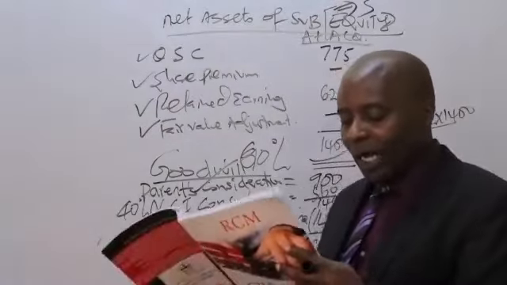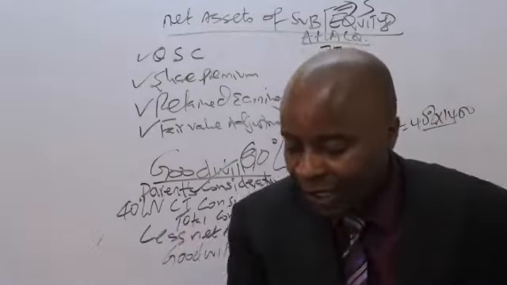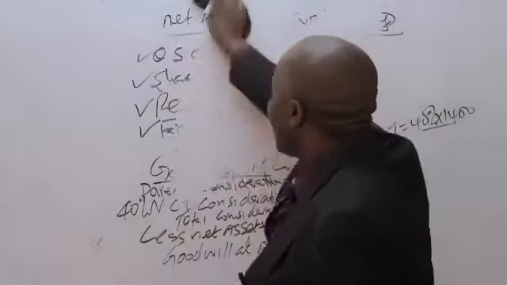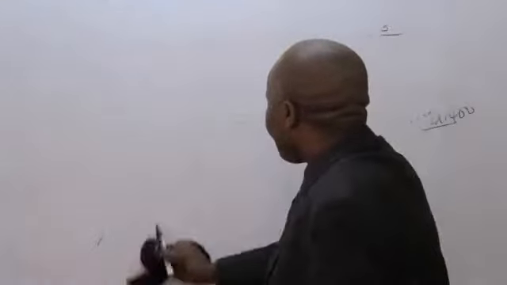After that, now I'll write a note there: gain or loss on disposal of the subsidiary S. Now, the very first thing that you need to do, whenever a subsidiary is disposed, is to give us the net assets of that subsidiary at the disposal.